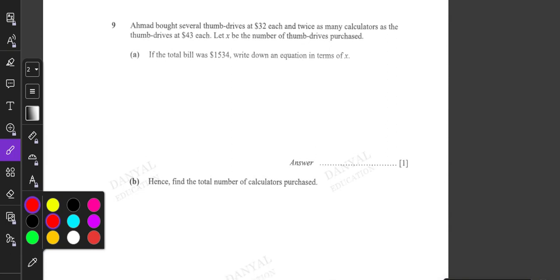Next, Ahmad bought several thumb drives at $32 each and twice as many calculators as thumb drives at $43 each. Let X be the number of thumb drives purchased.